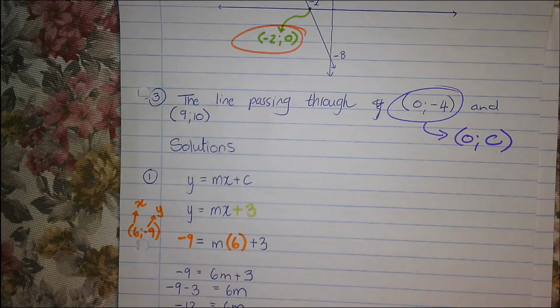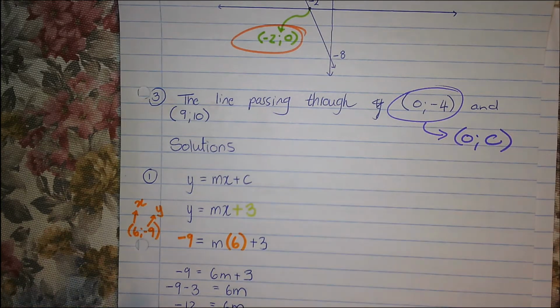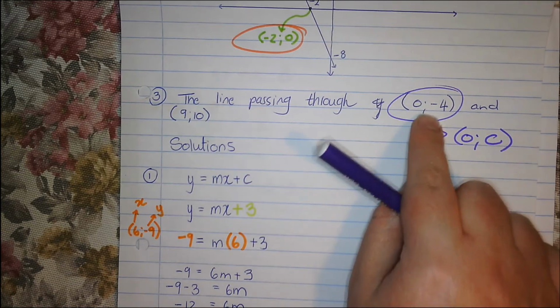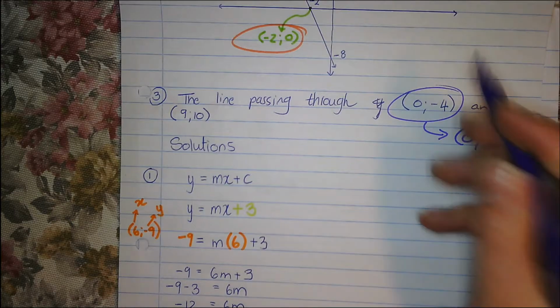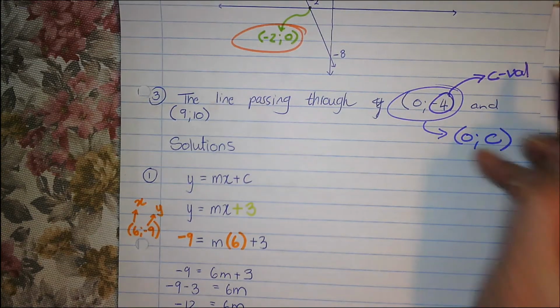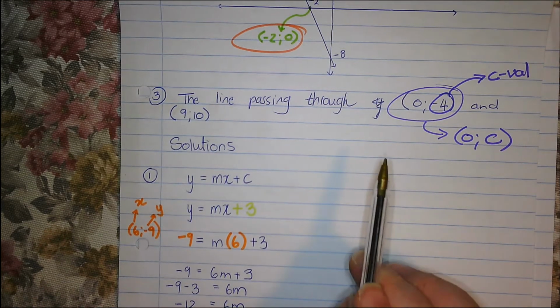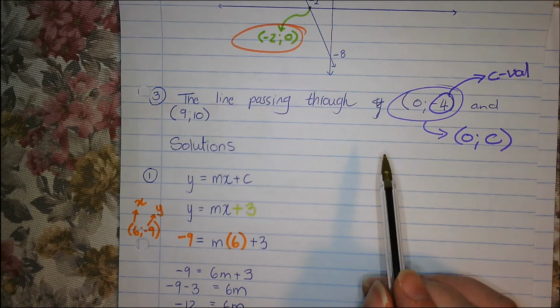The y-intercept always has x equal to 0. So, if you are paying attention, this will be my y-intercept. So, this negative 4 is your c value. Don't worry if you did work out the gradient. You can do that and you will get the same answer. It's just going to take more time.